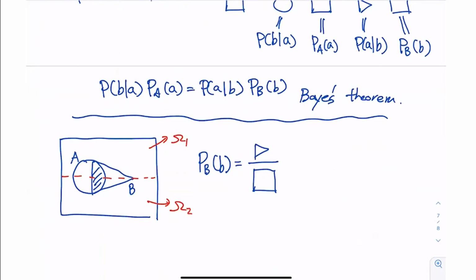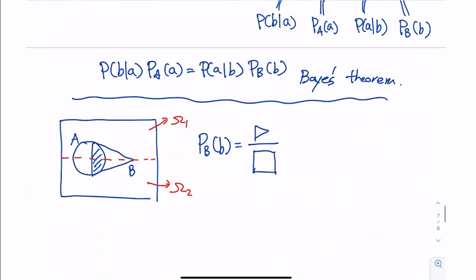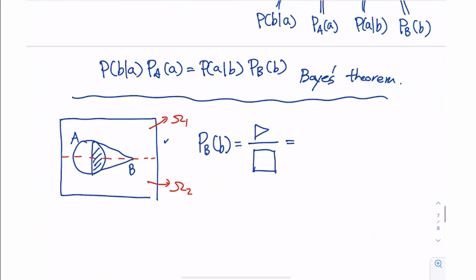But anyway, that's not really important reasoning. So now if we try to divide our event space by omega 1 and omega 2, then we can think of this expression by this expression.